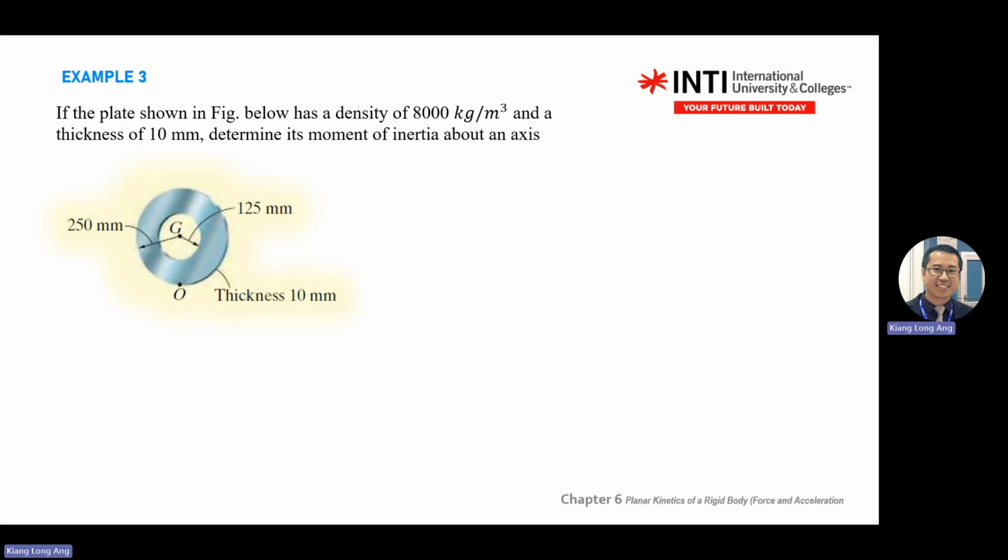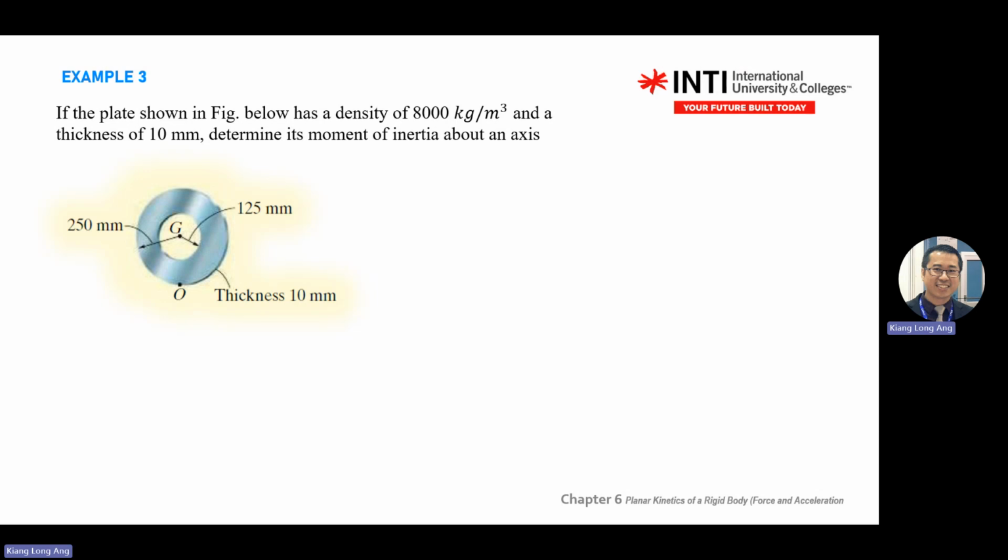So if you see this object, given density and thickness, determine the moment of inertia. Again, how do you know it's a chapter 6 question compared to other chapters? From chapter 1 to chapter 5, and then going into chapter 6, you will see density. Other chapters don't have density.